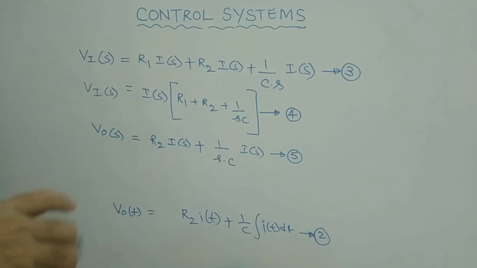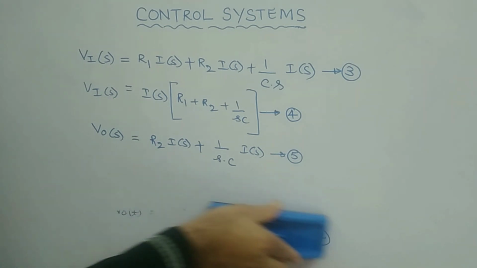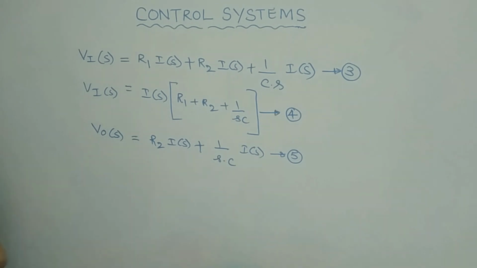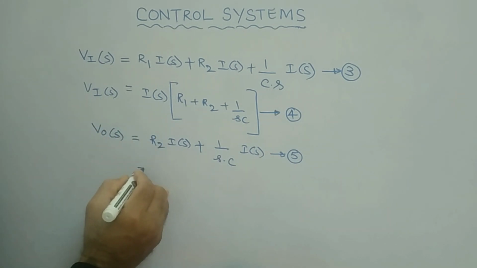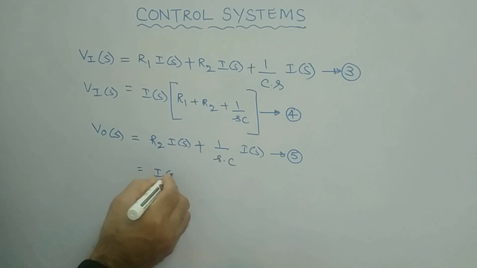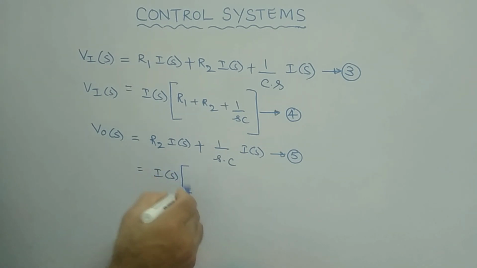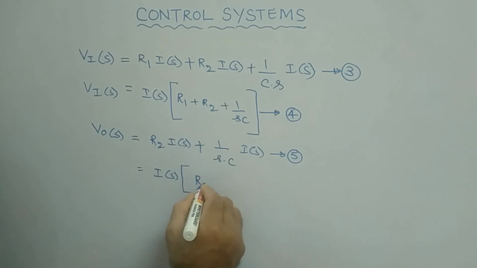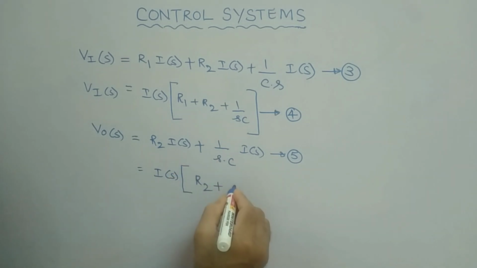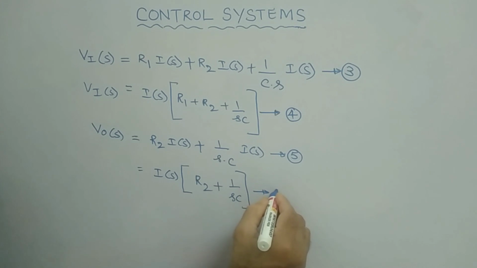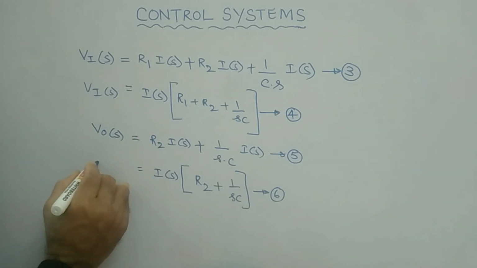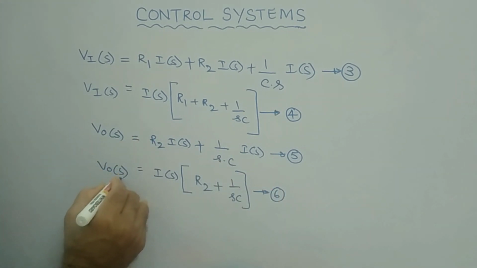Then take I of s as common here. So from this fifth equation, you can write I of s as common. Then here you will get R2 plus 1 by s into c. This is equation number 6 now. This is the final expression of V naught of s.